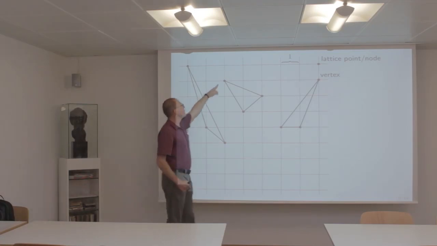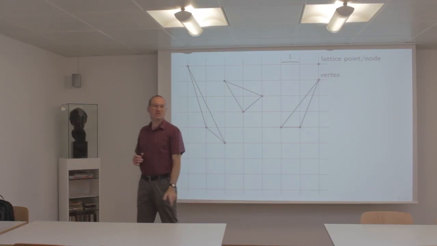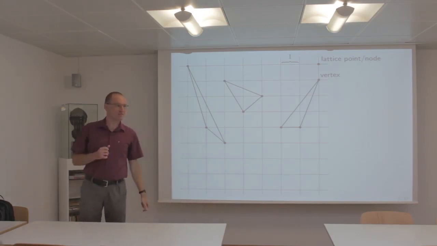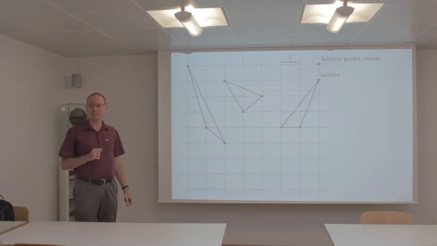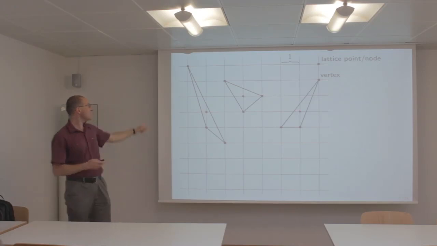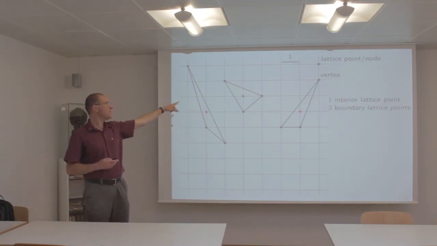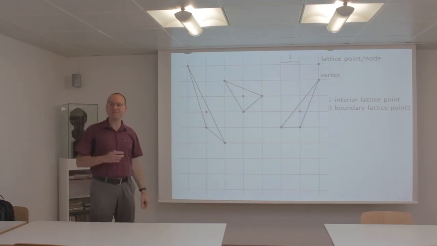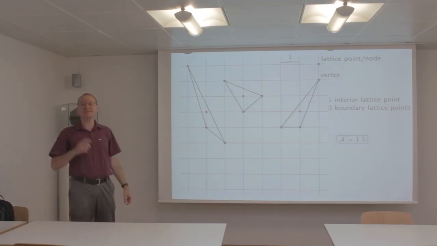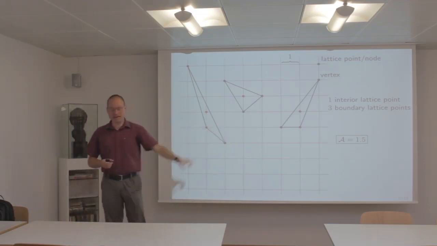If you follow the boundary of each triangle, you never encounter any lattice points. They all have one lattice point inside. Absolutely! They all have exactly one interior lattice point. So they all have one interior lattice point and 3 boundary lattice points. And they all have area exactly 1.5. Very nice. This is how they interact with the lattice, and this is about their area.